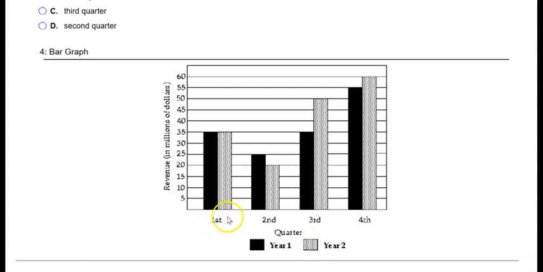For example, this dark bar is first quarter revenue. This dotted bar is second year first quarter revenue. So there are first quarter, second quarter, third quarter, fourth quarter revenues in each year. The dark represents the first year, and the dotted bar represents the second year.